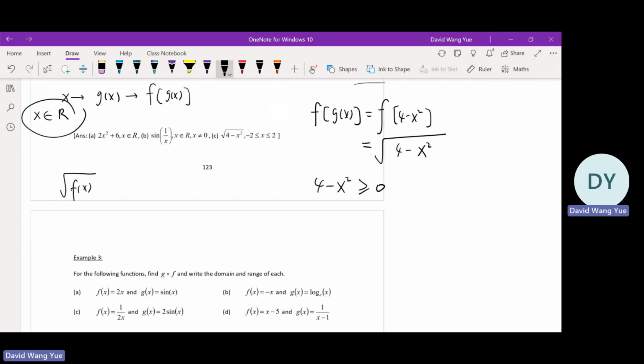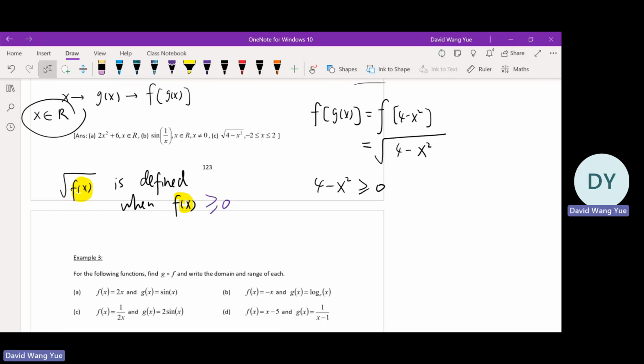Generally, a square root is defined when the part under the square root is non-negative. So we have to make sure 4 minus x squared is non-negative.